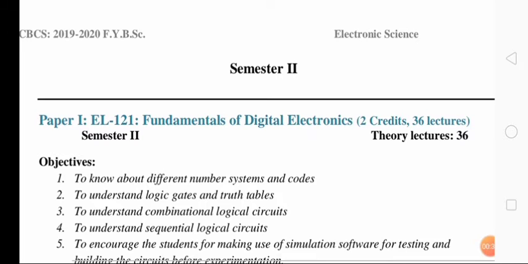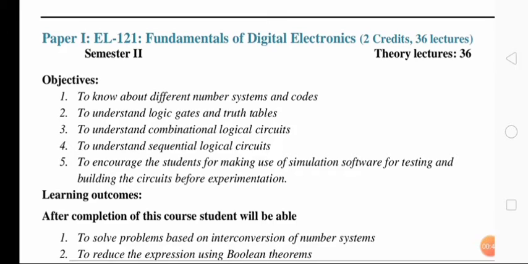Paper 1 is fundamentals of digital electronics. The objective of the paper is to know about the different number systems and codes. As it belongs to digital electronics, in digital electronics there are different number systems, so this is the objective.